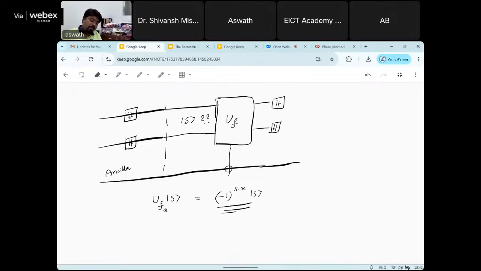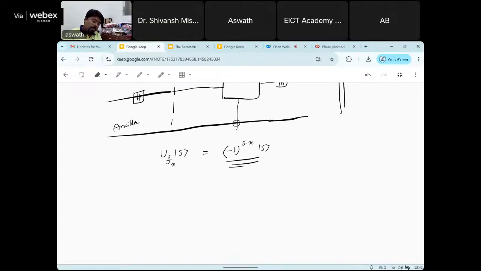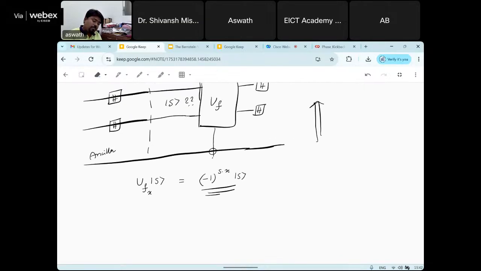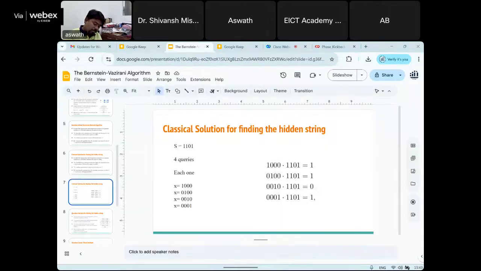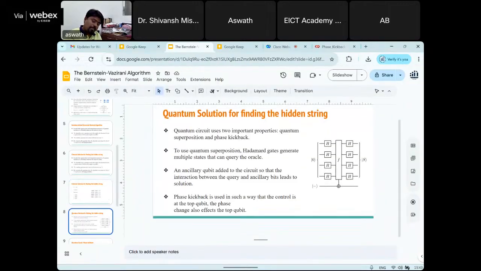What happens now is that the information flows upwards. Whatever output you are getting at this point, let's get back to the diagram here.